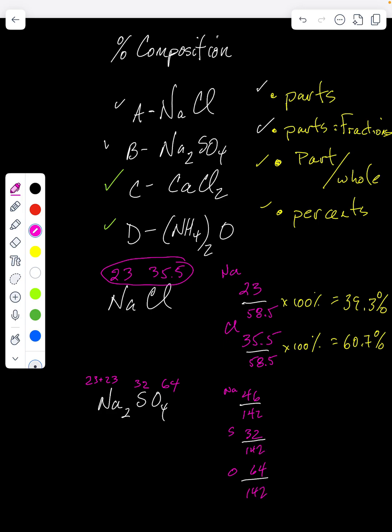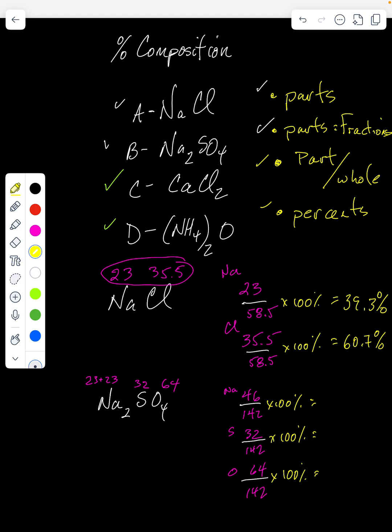And again, we're going to go through our steps. So now we're doing part over the whole, and then we're turning it into percents. Our numbers turn out and look something like this. 46 divided by 142.